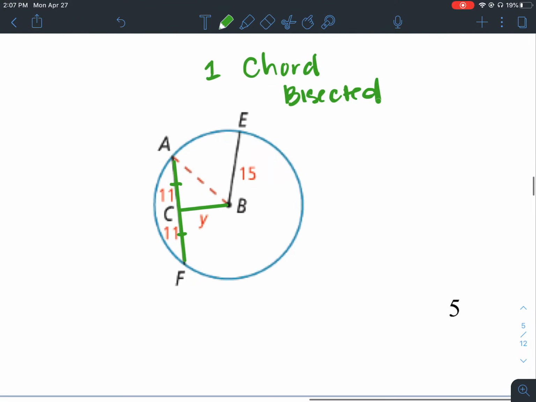I have a diameter or pieces of a diameter. It's okay if it's not the full thing as long as it's pieces of my diameter. If I were to finish drawing it, that would be my whole diameter. It's bisecting my chord. 12-9 says I get to draw a right angle in there.